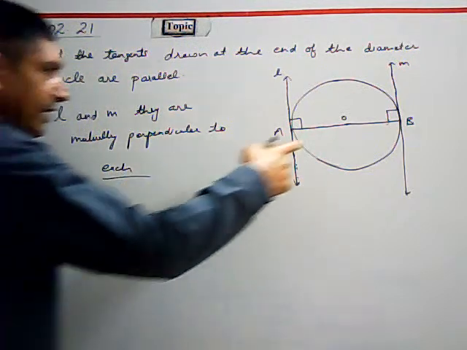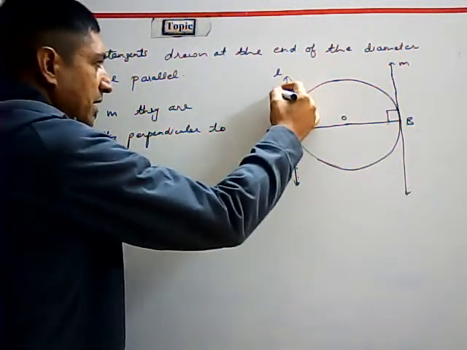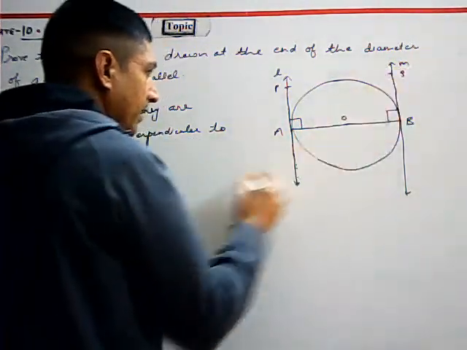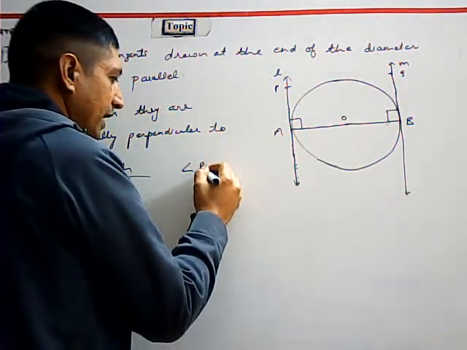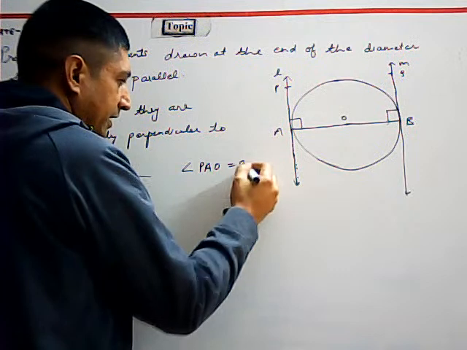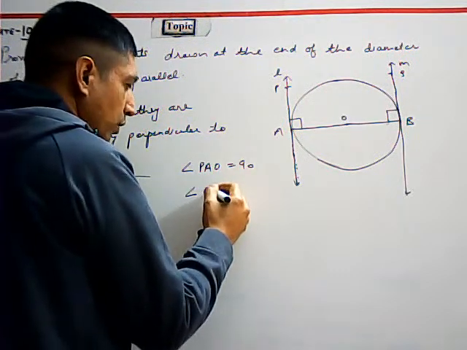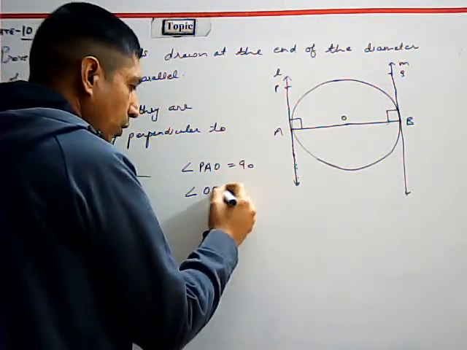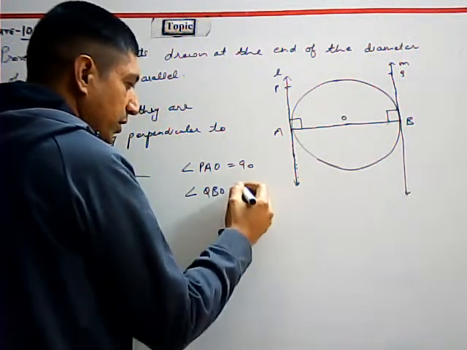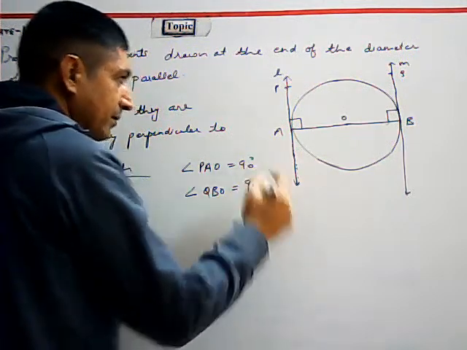Why? Because, this point is P, this point is Q, angle PAO is equal to 90 degrees and angle QBO is also 90 degrees, right?